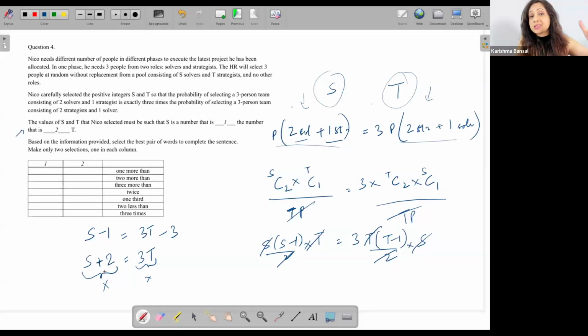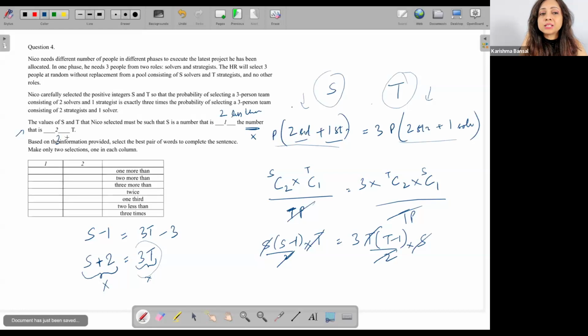So I can say S is a number which is 2 less than a number that is 3 times T. Because 3 times T is X and S is a number which is 2 less than X. S is a number which is 2 less than the number that is 3 times T. So this is your answer.